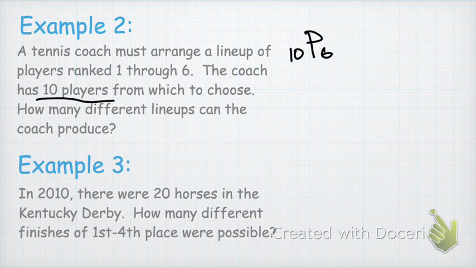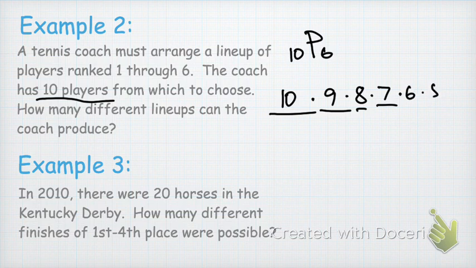Another option that you could do, if you didn't realize that it was a permutations problem, is you could say, well, how many different players can play first? There's 10. How many players can play second? 9. How many players can play third? 8. And 7 would be available to place next, and then 6, and then 5. And so you could kind of work out a lineup that way.